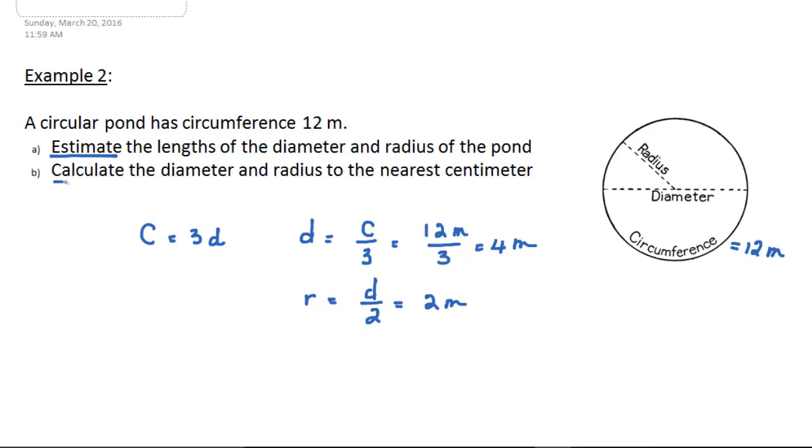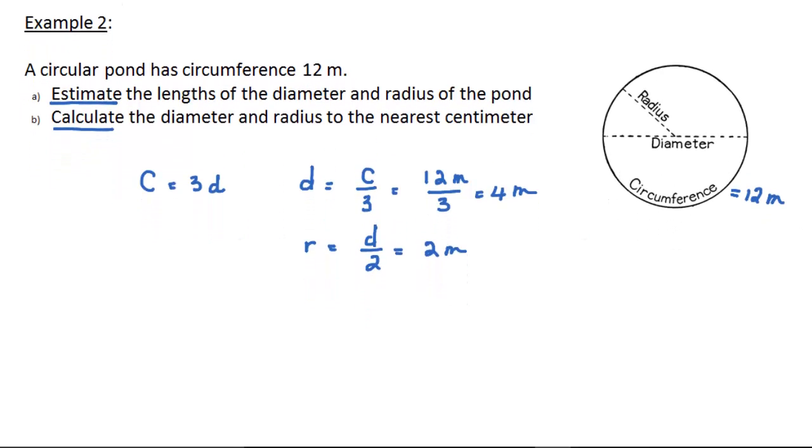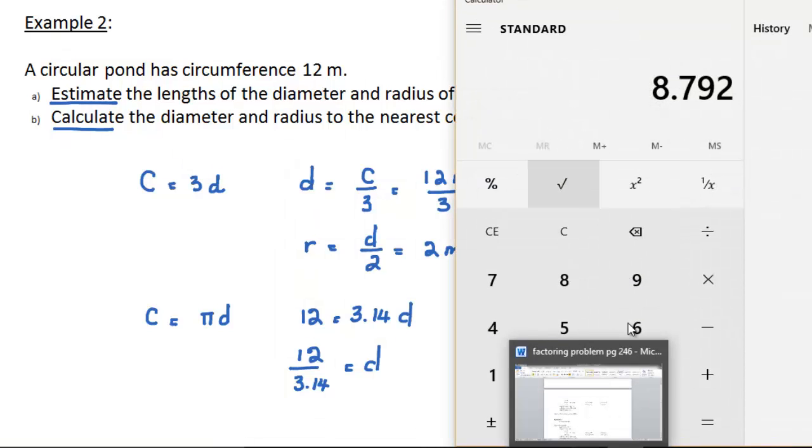But when it says calculate the diameter and radius to the nearest centimeter, in this case I have to use the good calculation, so I have to use pi d. So 12 equals 3.14 d. That means 12 over 3.14 is going to give me the right value of d.